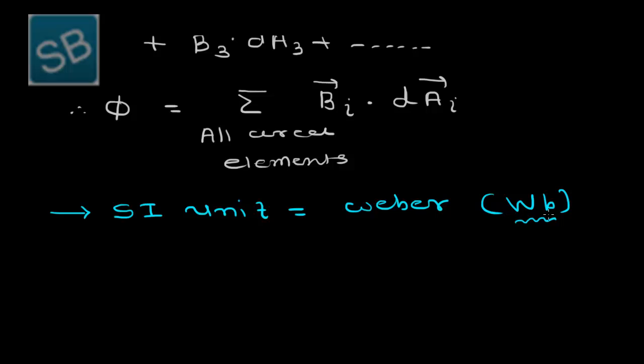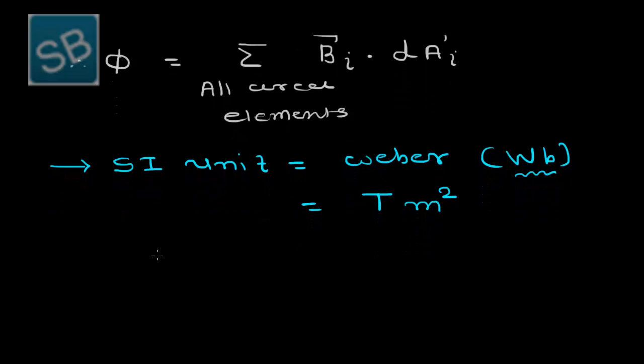So it is written either as Wb or weber. The other SI unit which you can consider is Tesla into meter square. Therefore, we can conclude one relation: 1 weber is equals to 1 Tesla into meter square. From this, many MCQ questions can arise.